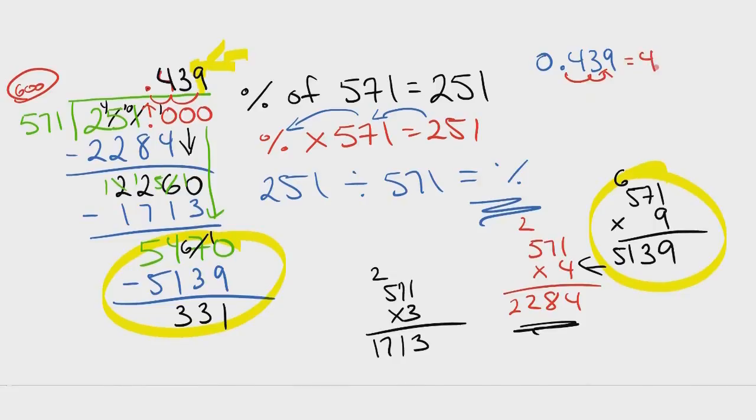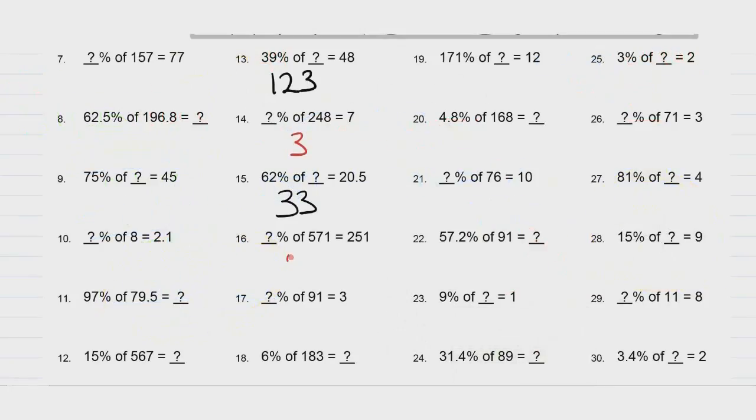This is going to equal 43.9%, but the directions say estimate to the nearest whole number, which would be approximately 44. So right here, 44% of 571 equals 251. We're going to write 44 right here, or 44%. Remember, you're just looking for the number, not the percent sign in the answer. Let me clean that up really quick.